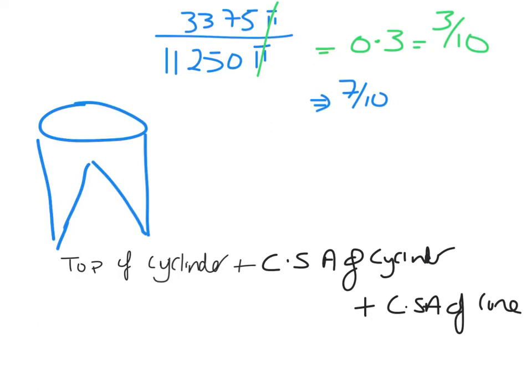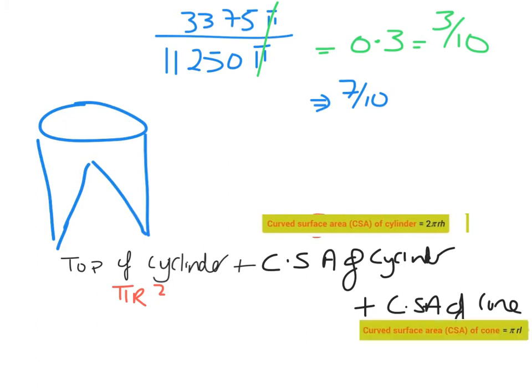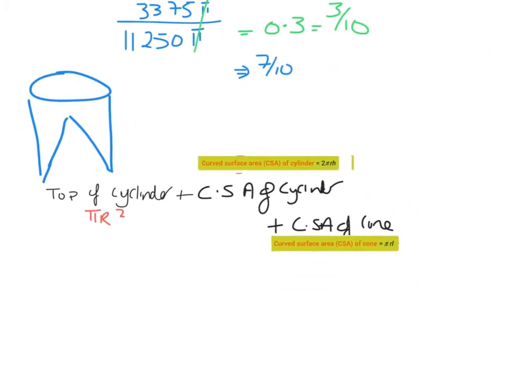Top of the cylinder, we know that's just pi r squared. Curved surface area of a cylinder, we have a formula for that: 2 pi r h, from page 10 of our log tables. And curved surface area of a cone, we have a formula for that. If we work out all of these and add them together, we should get our total answer for this shape. The top of the cylinder is pi r squared.